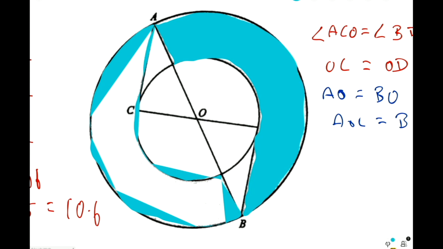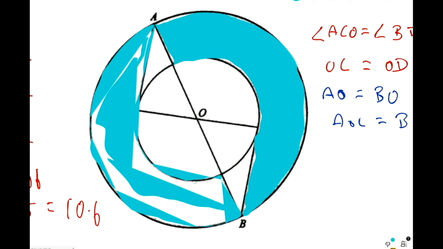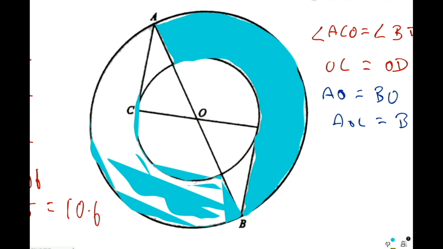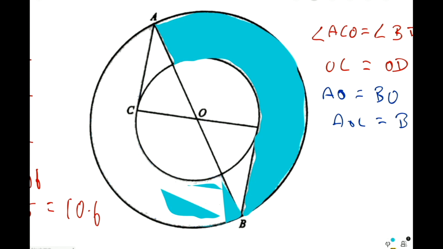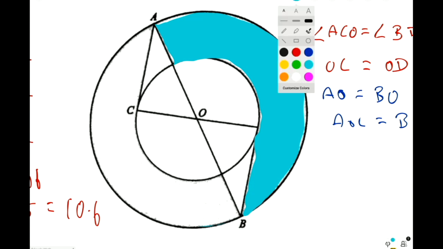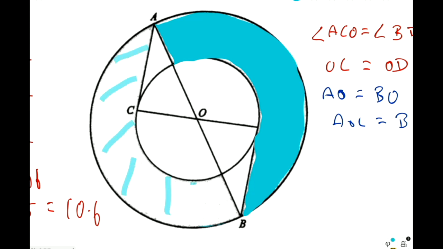Okay, you get the idea? I might get the idea. It's the other side also same. It's here, this one.